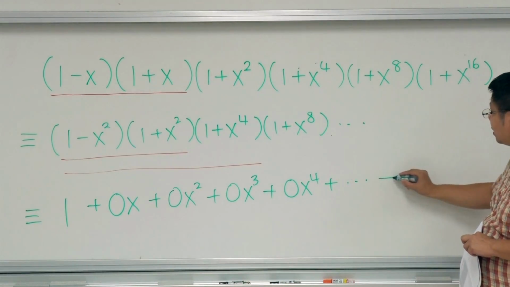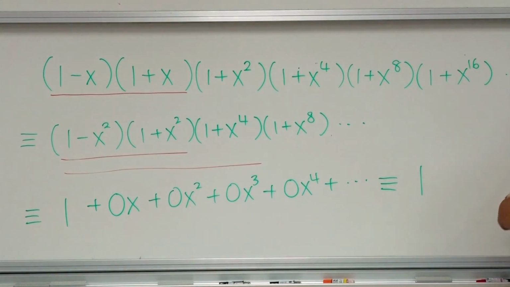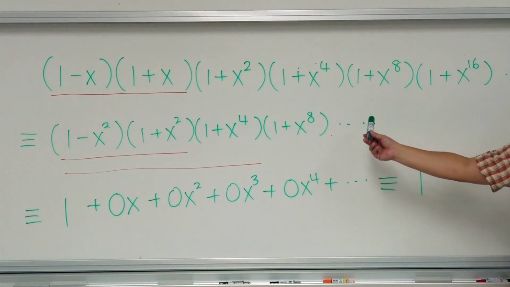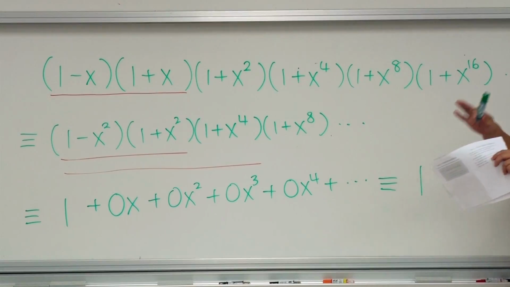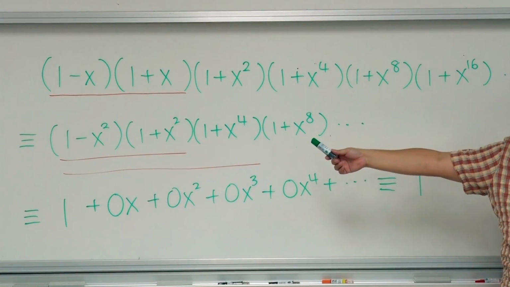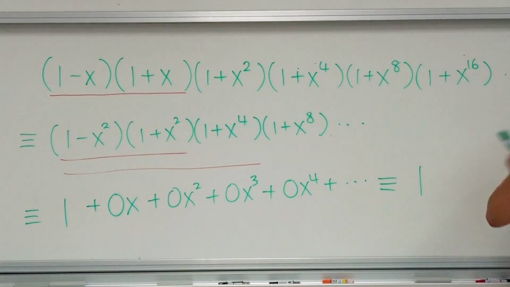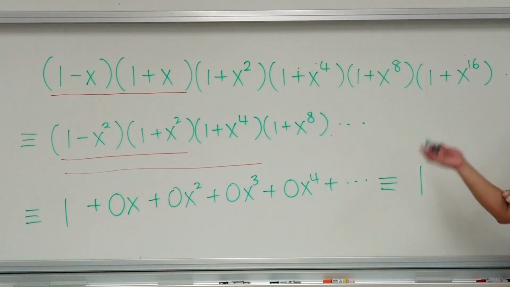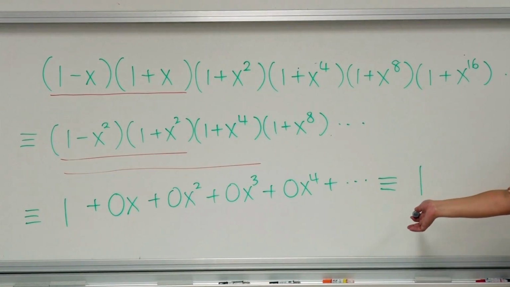So it means that this is going to be equal to 1. Does that make sense? Yes, this is going to involve an infinite number of terms, but if you try to multiply them together, you have only 1 there. You cannot have x, x squared, x cubed, or x to the power 4. So it is going to be 1.